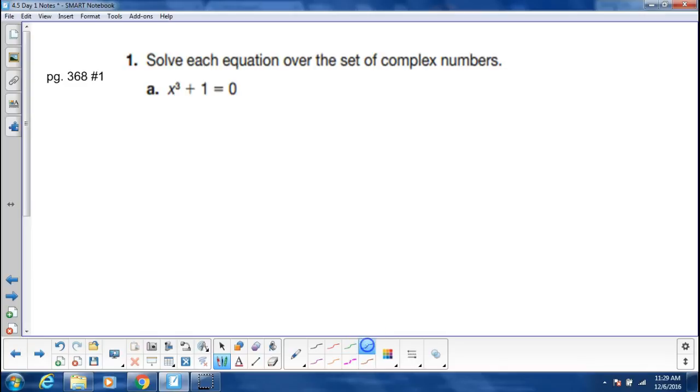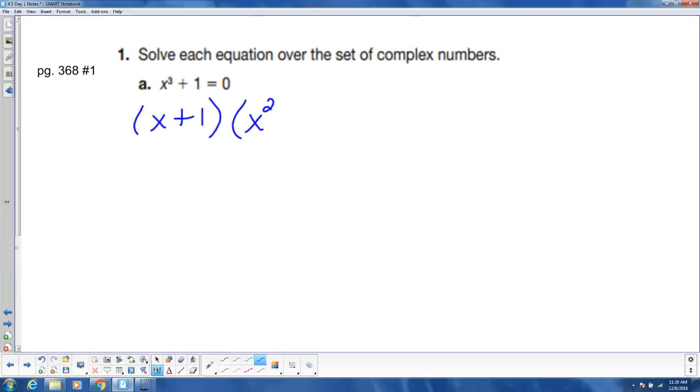Okay. So it's a cubic plus a cubic, right? Okay. So that means then that this factors to be, excuse me, x plus 1 and x squared minus x plus 1 equals 0.